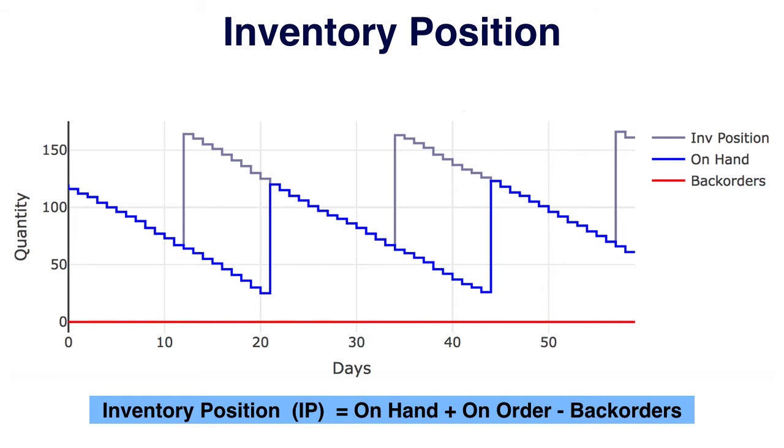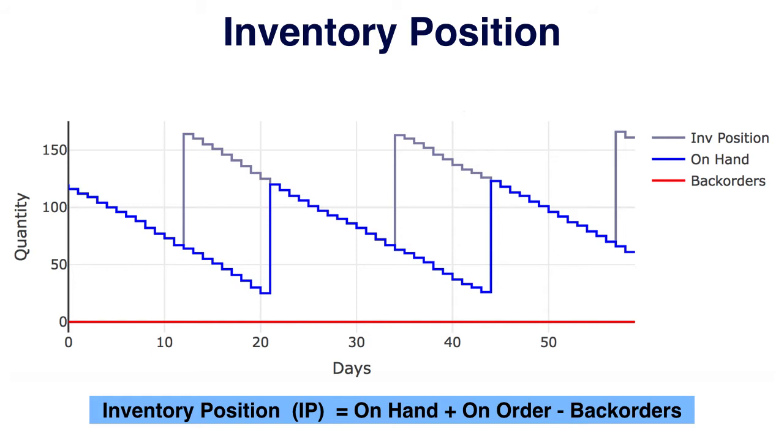Here in this particular chart, you have back orders equal to 0, and therefore your inventory position is pretty much on hand plus on order. What happens to that gray line is that it shoots up in the middle somewhere while the on hand is still going down. What does it mean?